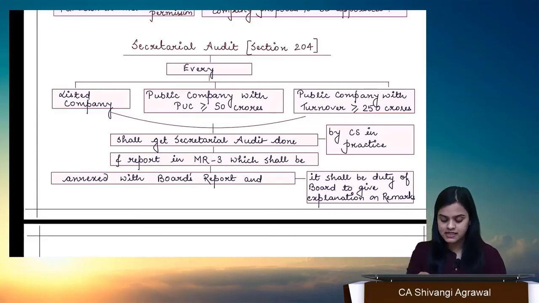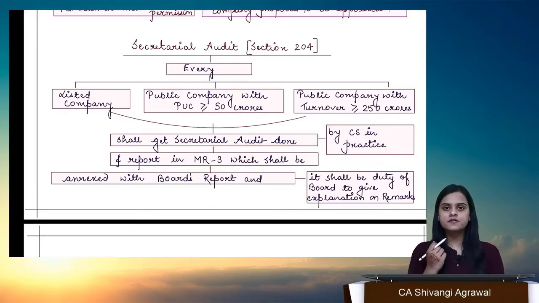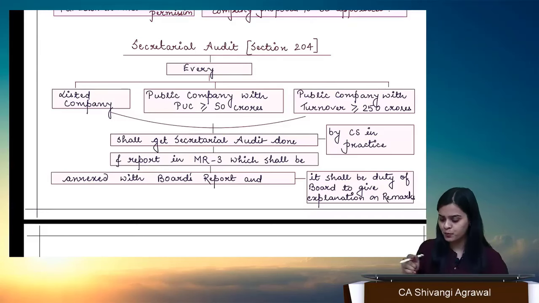In such a case, they have to get their secretarial audit done by a CS in practice. The report is going to be in form MR3, which is going to be annexed with the board's report. And just like an auditor gives a qualification or remark and the board replies to it with an explanation, if the CS also brings a qualification or remark, it is the duty of the board to give an explanation on the same.